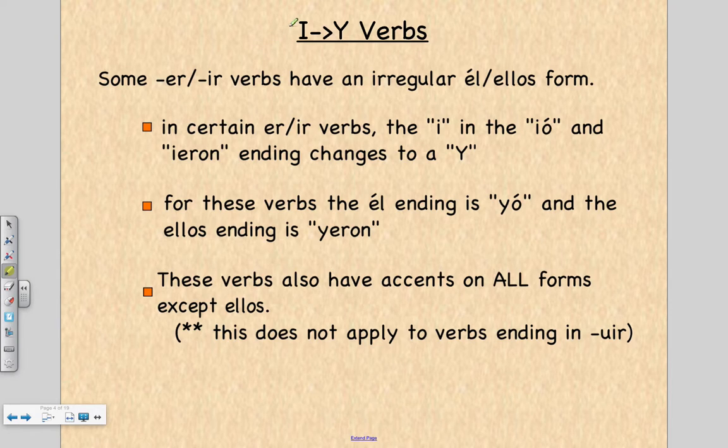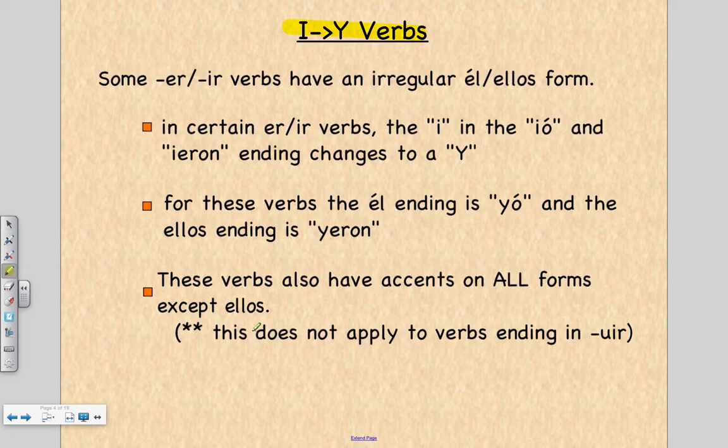I to Y verbs. Okay, this affects only ER and IR verbs, and not all ER and IR verbs, just certain ones. And when we say I to Y, what we're talking about is the él and the ellos forms. The él ending for an ER or IR verb would normally be ió, accent on the O. We're going to change the I in the ió ending to a Y in just the verbs we're discussing.